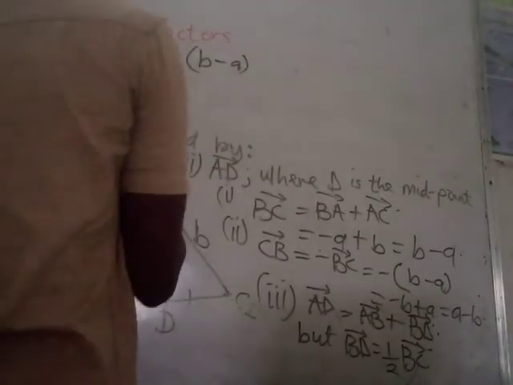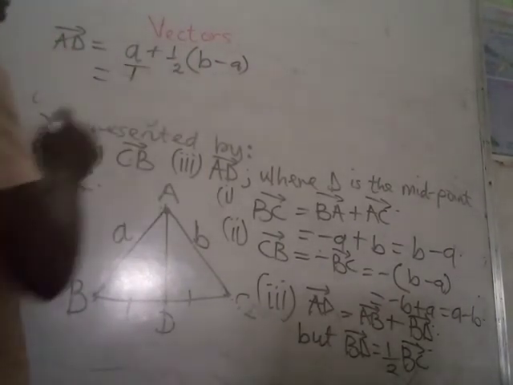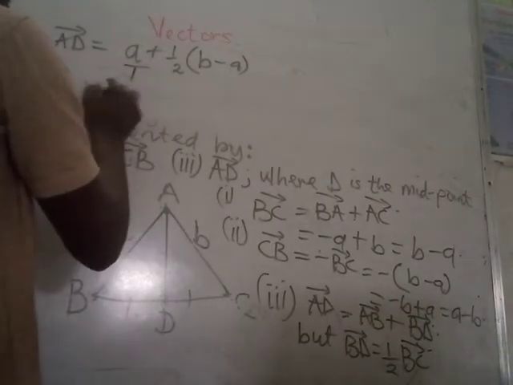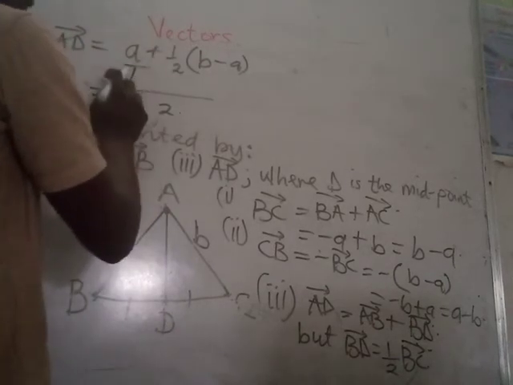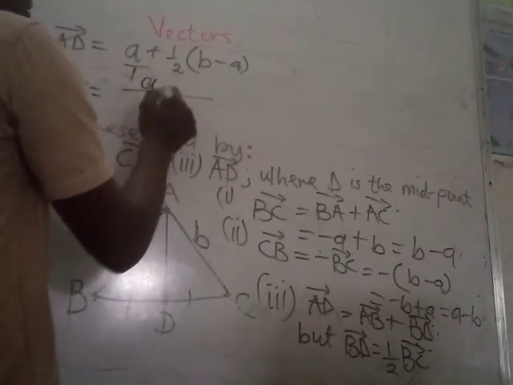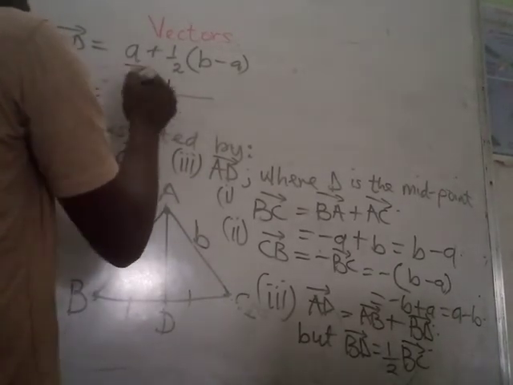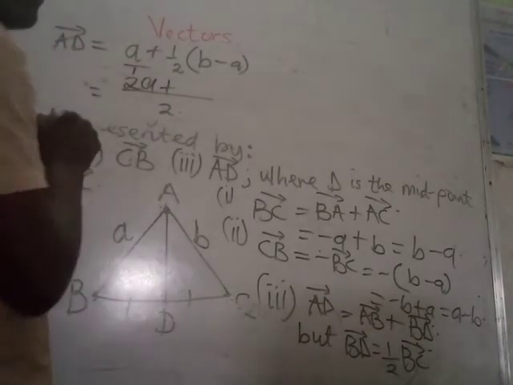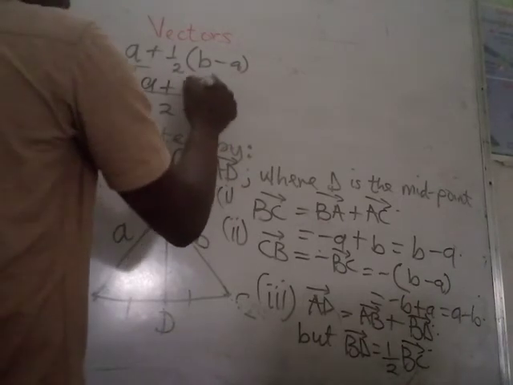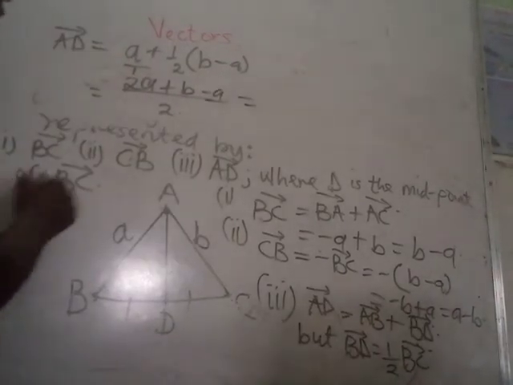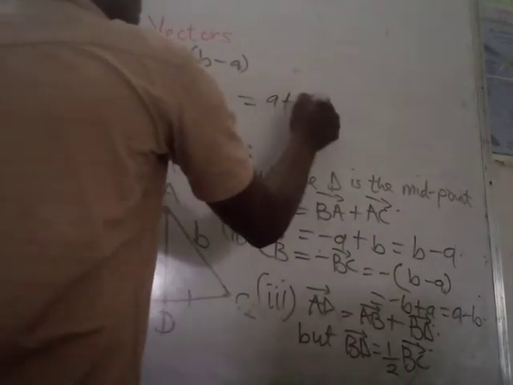B minus A. So this is going to be equal to A over 1 plus half. The LCM of this and this is 2. 2 divided by 1 is 1 times A, I have A, plus 2 divided by 1 is 2, 2 times A is 2A, plus 2 divided by 2 is 1, times this, I have B minus A. So when I work this out, 2A minus A is A, then I have plus B divided by 2.